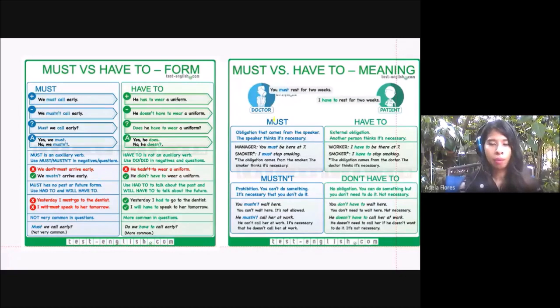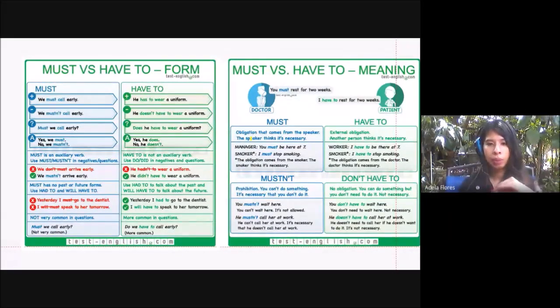Ahora veamos la forma afirmativa. Must y have to, en la forma afirmativa ambos indican una obligación, pero cuando usamos must es como una obligación que viene de mi interior, es decir, una obligación creada por la misma persona que está hablando.